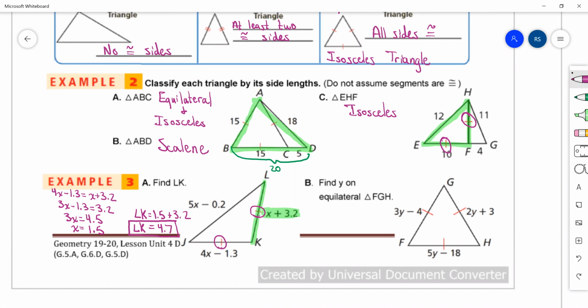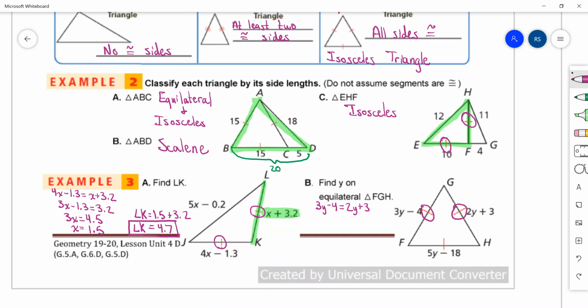Now B asks us to find y on equilateral triangle FGH. Notice that all of these are equal. If I just need to get y, it doesn't matter which two I pick as long as I don't pick the same one. I just need to pick two of them. So I'm going to pick the 3y minus 4 and set it equal to the 2y plus 3 because these sides are equal.